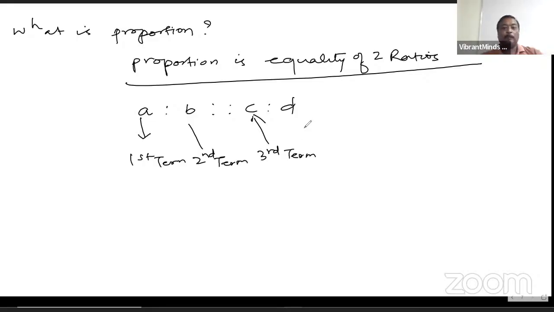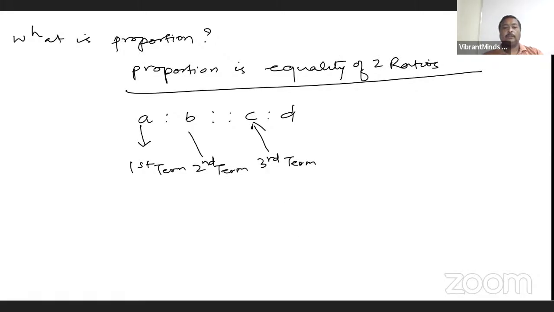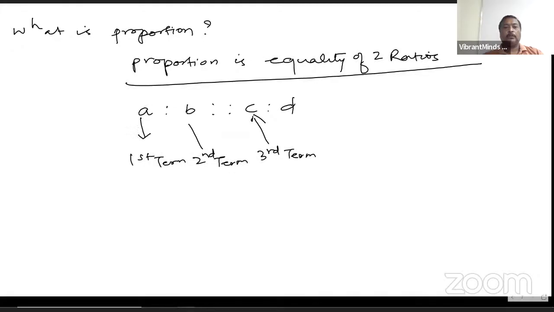And understand, proportion: A is to B as C is to D. Now, understand this. This is your first term of the proportion. This is your second term of the proportion.